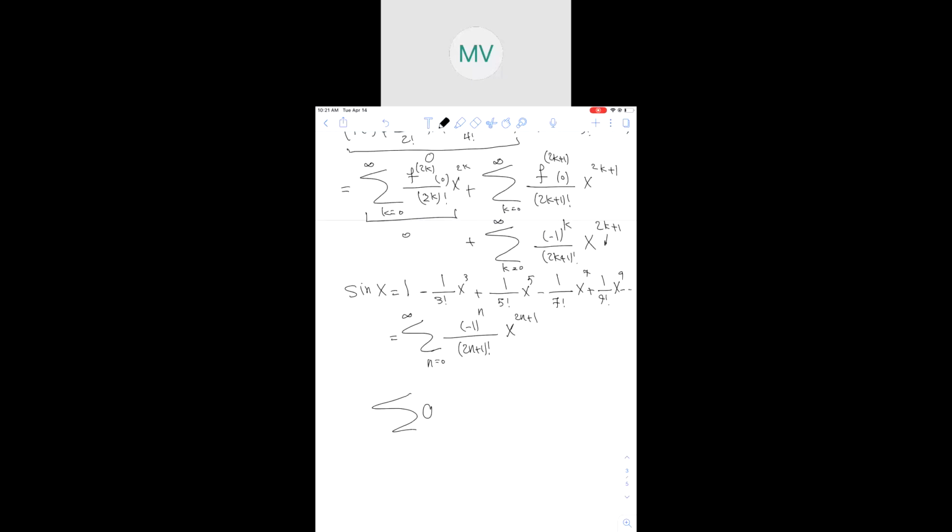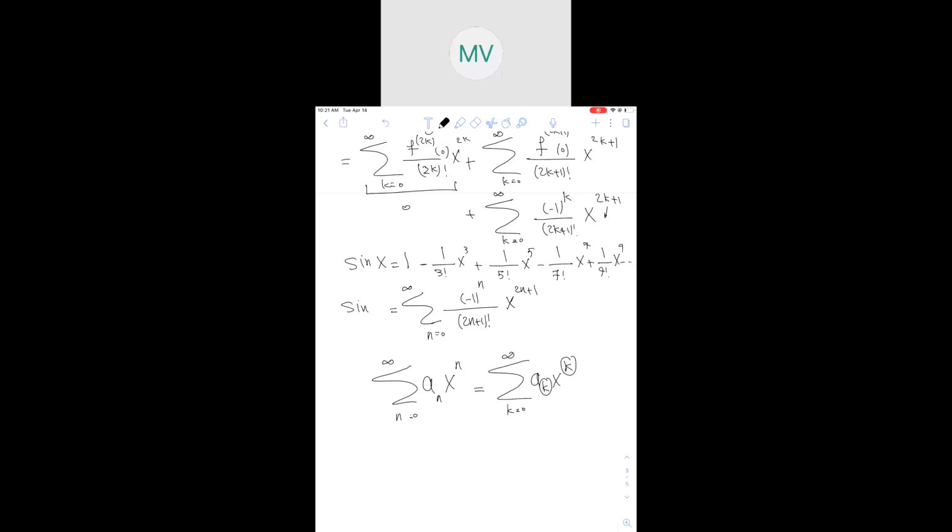The sum of a sub n x to the n and the sum of a sub k x to the k, k from 0 to infinity, and n from 0 to infinity. These two are the same. You're just changing that index, k to n. If someone used t, s, r, it would be the same. Doesn't matter what it is. Okay, so that was for sine of x.